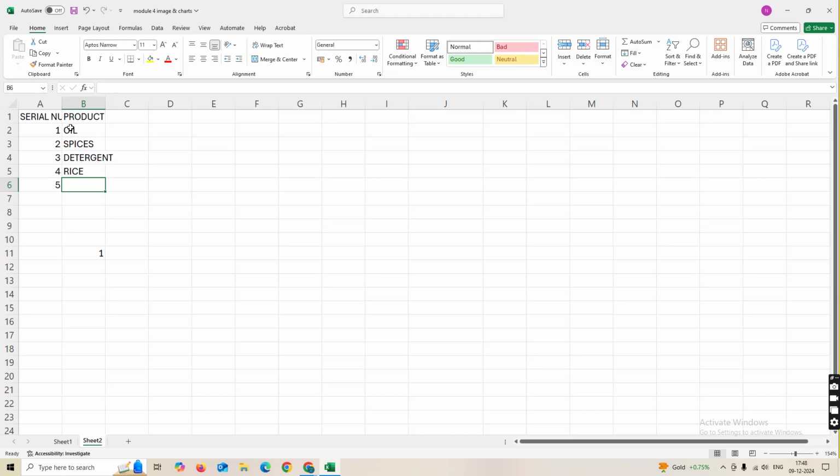So I'm buying. Suppose I buy 100 quantity of oils. Here I'll mention quantity. Here I'll mention amount, amount per pack we can say. And here I can say total amount.